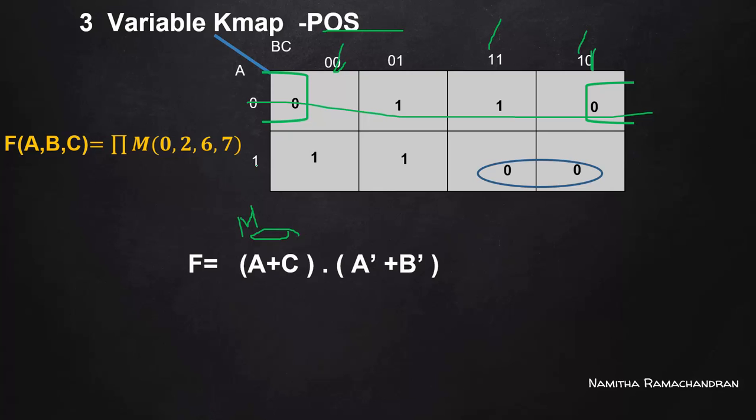If A has value 1, we require the complemented form of A. B with value 1 means we use the complemented form of B. Combine these two using logical OR operation to generate the next max term, A complement plus B complement. These two max terms are combined using the logical AND operation in case of POS form. So this is the minimized form of the given POS form or canonical product of sum term using Kmap simplification.